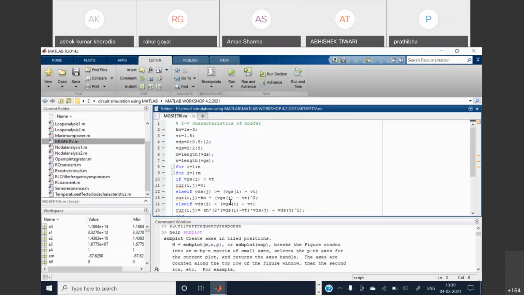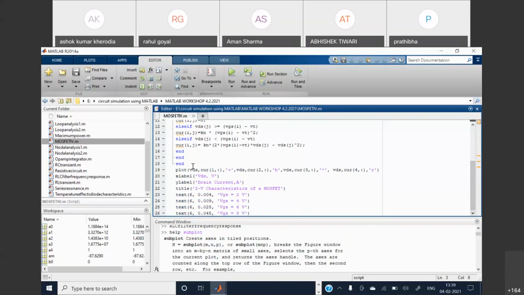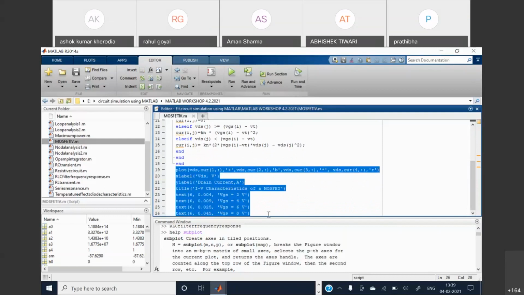And if it is smaller, the current equation is Kn into 2 into (VGS(i) minus VT) into VDS(j) minus VDS squared. And then I'm plotting the different values by using the plot command, xlabel, ylabel, title and text. These are common features in all the programs, all the codes where you want to plot something.